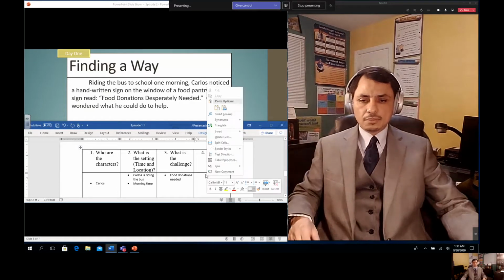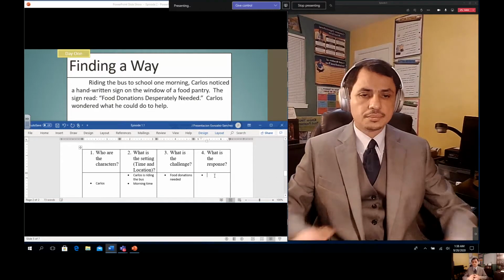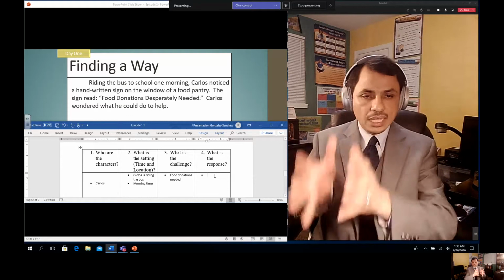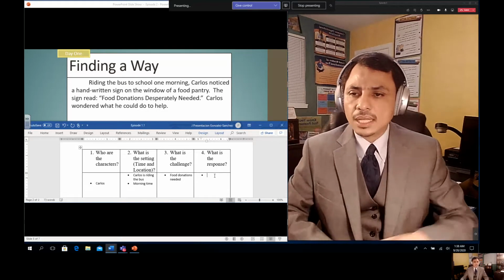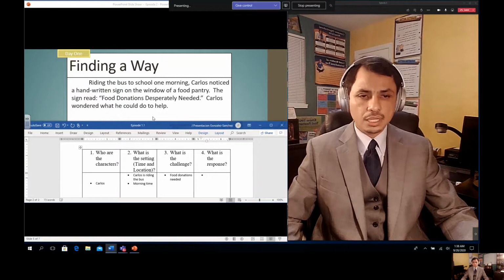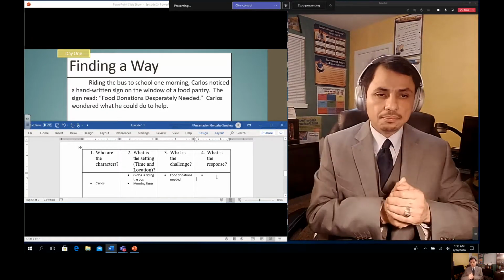And we move on to question number 4. What is the response? So is there a response to that challenge in paragraph 1? And at the end, we can guide our students to this final sentence here, where it says, Carlos wondered what he could do to help. So that is an initial response to the problem.